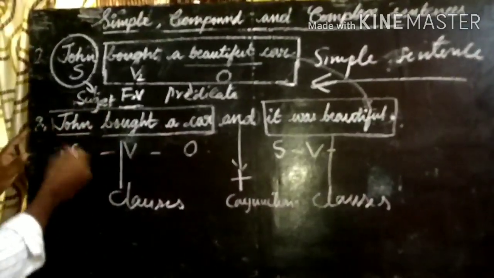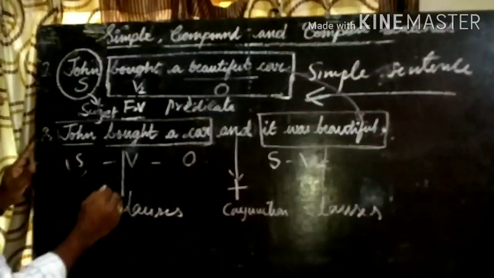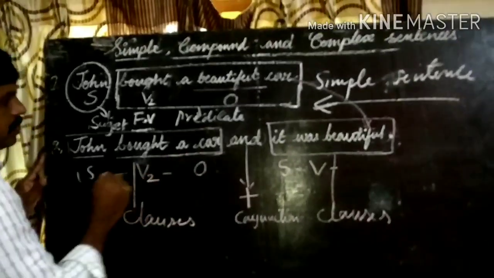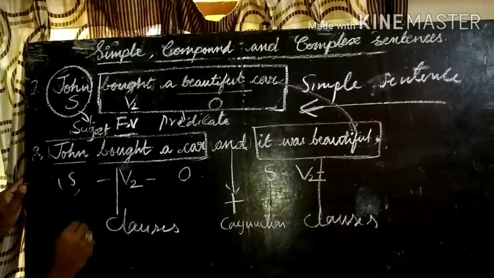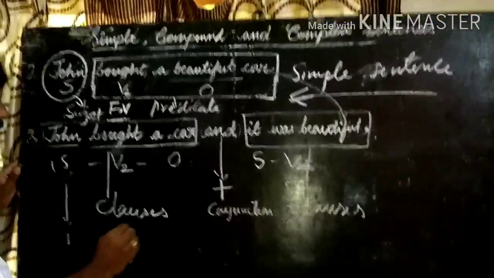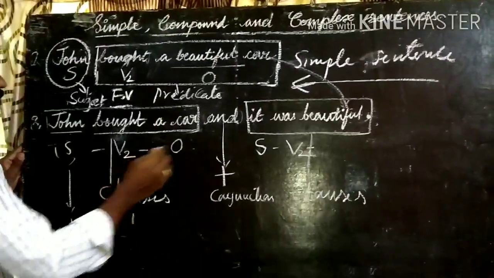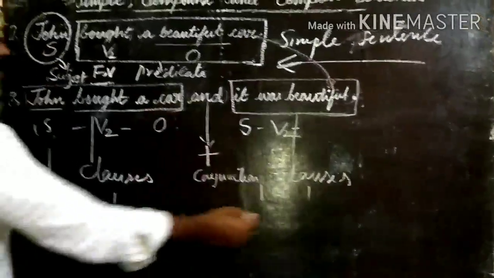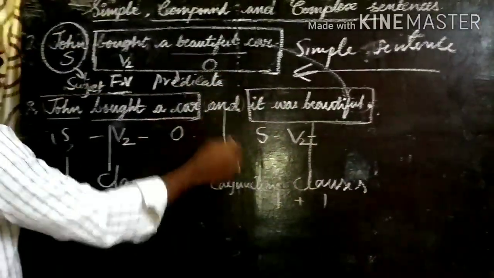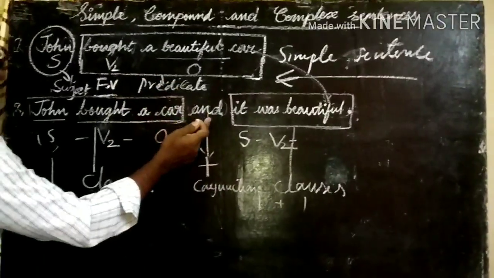See, each clause has a subject and predicate. One subject and one predicate. Here, one subject, one predicate. So, these two are connected with a conjunction, otherwise called coordinating conjunction.